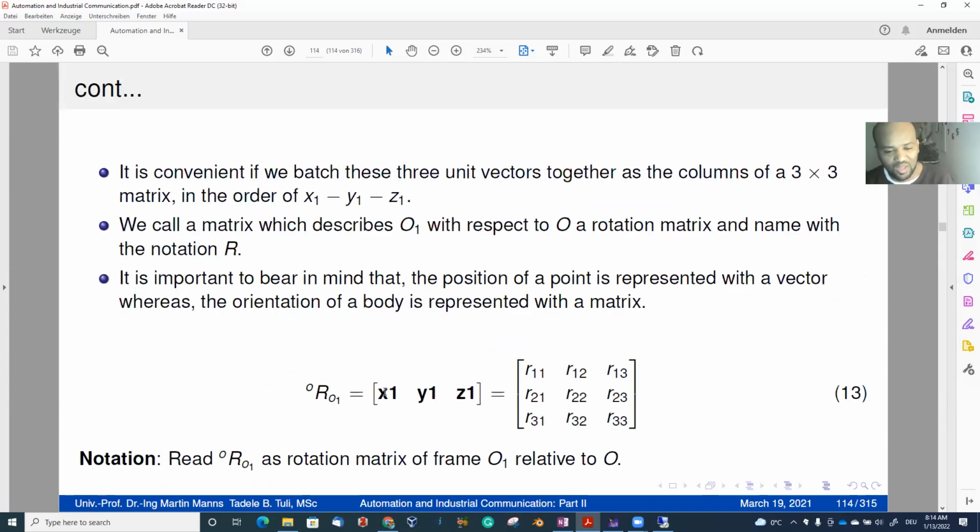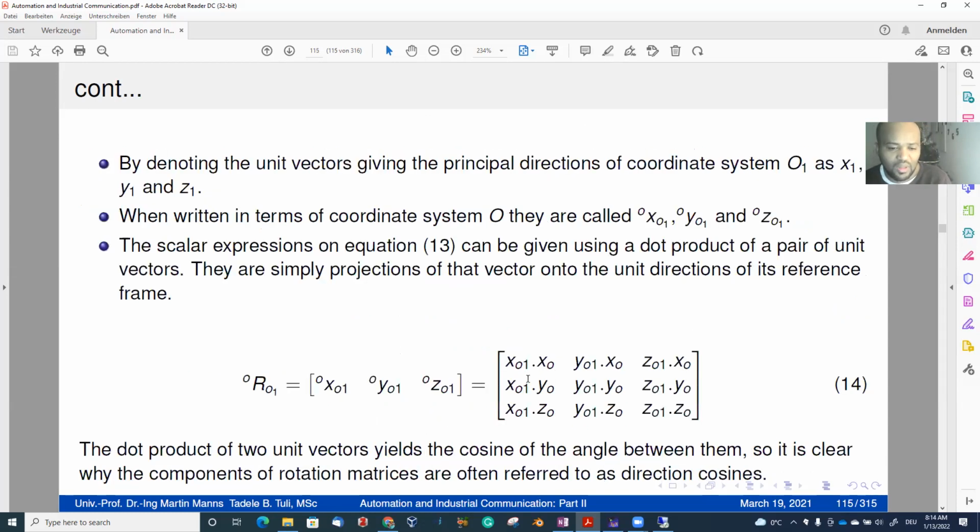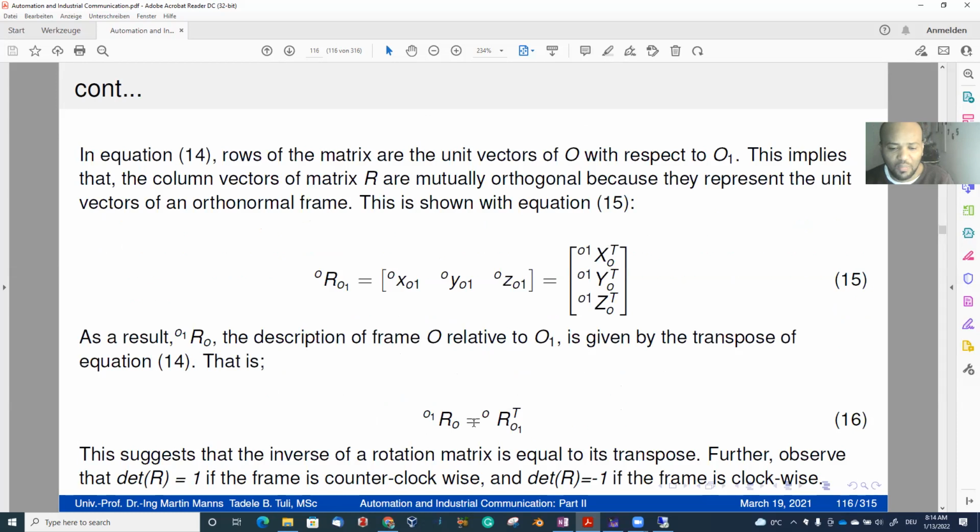Finally, this will give us a motion along X, Y, and Z, with a simple notation. This is the orientation, and here we have the orientation notation. Maybe I will talk about this one later on.